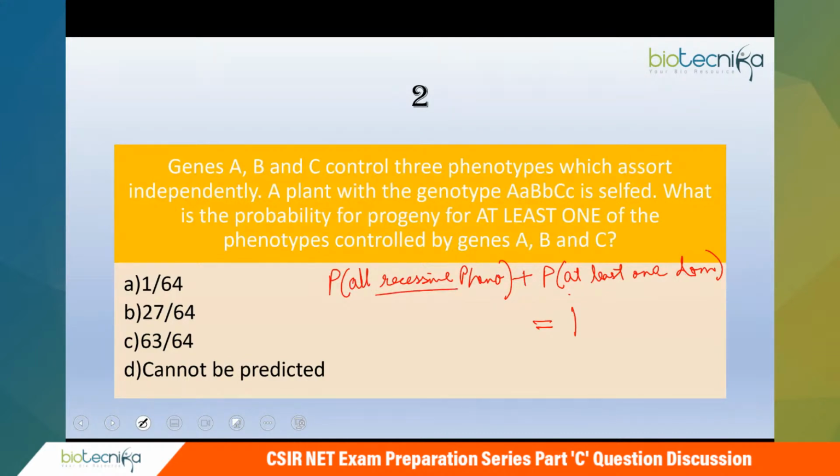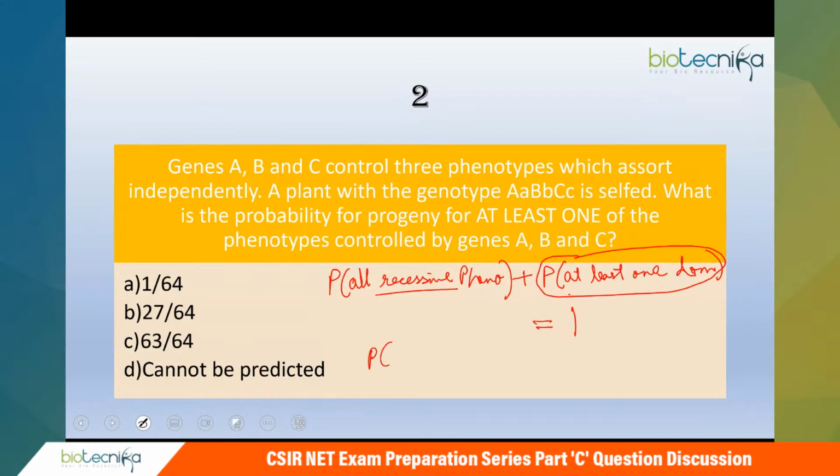Don't draw the table, Shraddha. It will be a waste of time. Do not draw it; we'll do the probability. Yes, Lavanya, your answer is also correct. Very good. So what we have to calculate is the probability of at least one dominant.